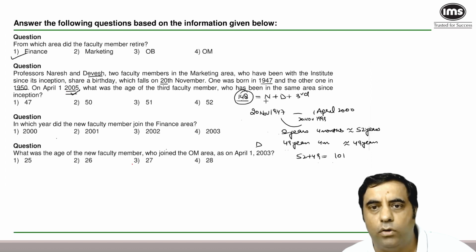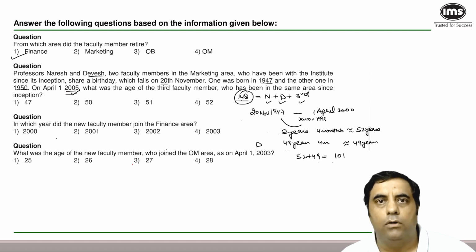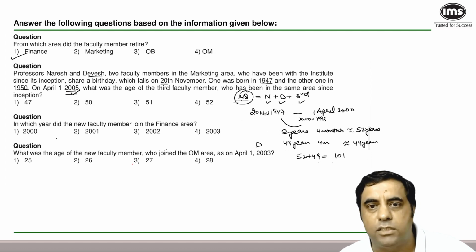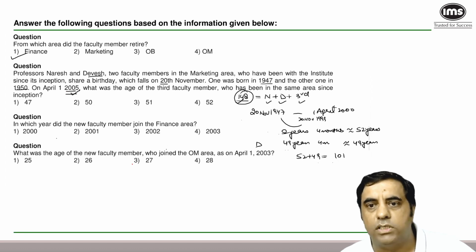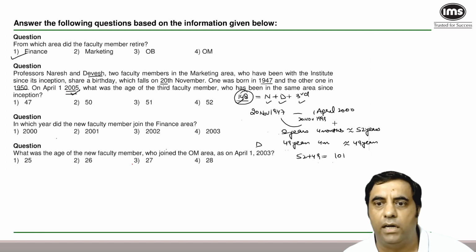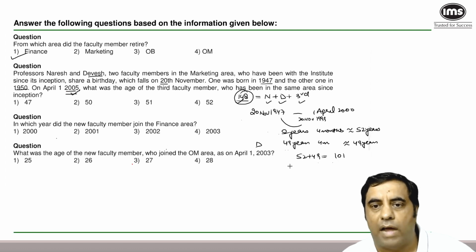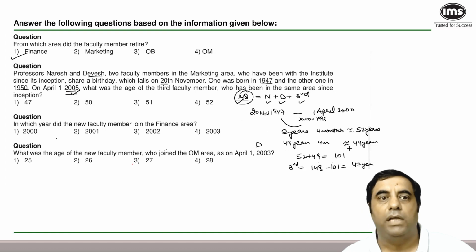While the age of all 3 faculty who were there from the inception is 148 years as on 1st April 2000, as mentioned in the data. So the third faculty is 148 minus 101, which equals 47 years in the year 2000.